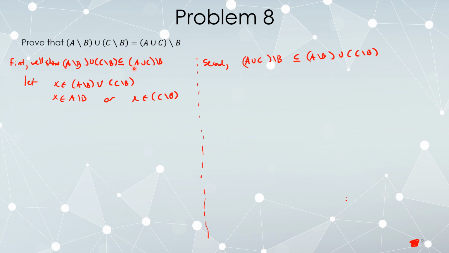I need to now show that X must belong to A union C minus B, but we have this disjunction, one thing or another, and we know a conclusion we're working towards. That suggests we're going to do a proof by cases. First, let's prove that if the first thing is true, then after some work, we will show that X must belong to A union C minus B. But we can also show, suppose the second thing is true.